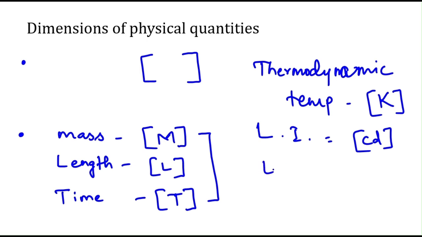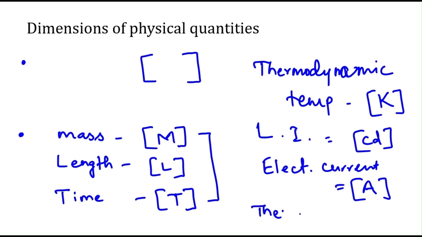Then electric current, and we write capital A, derived from ampere. And the last one, the amount of substance, and we write it as mole.